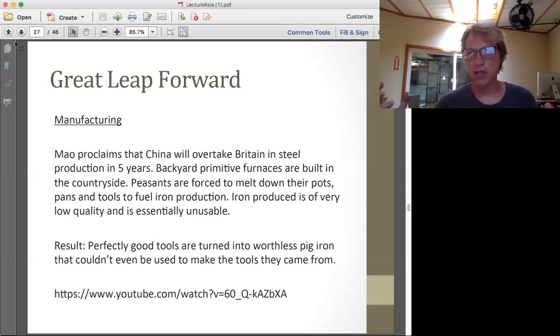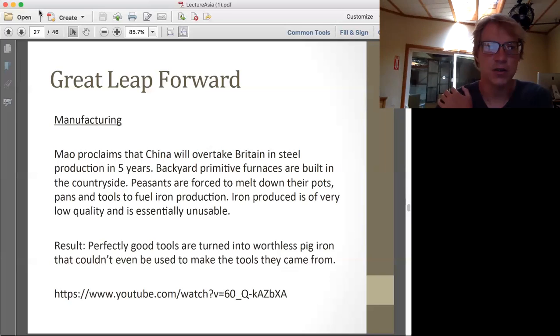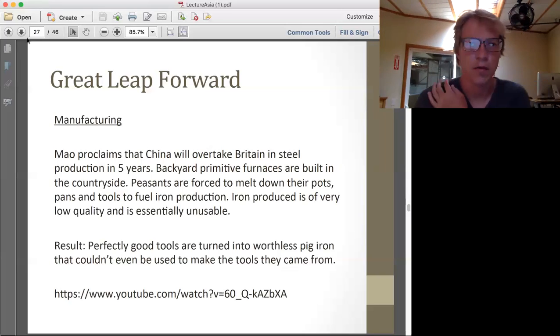So they're actually melting down good pots and pans and trying to smelt it into something new. But the iron is of so poor quality that they couldn't even make the pan that it came from. So essentially they're destroying goods. And there's some videos associated with this that I will post on the website.